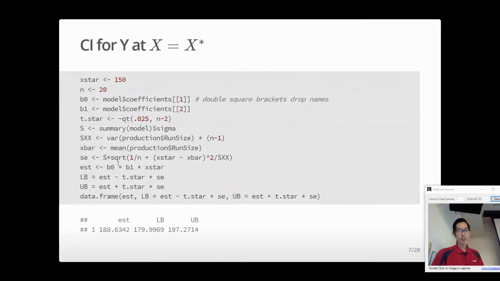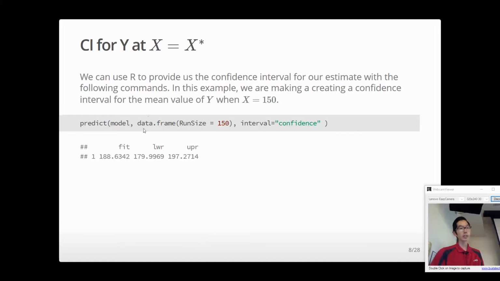But if you're not trying to do all of this by hand, R does it very nicely for us. We just use the command predict. The arguments that predict takes is the model that we have created, and then you have to supply it a value that you want it to make a prediction for. It has to be a data frame.